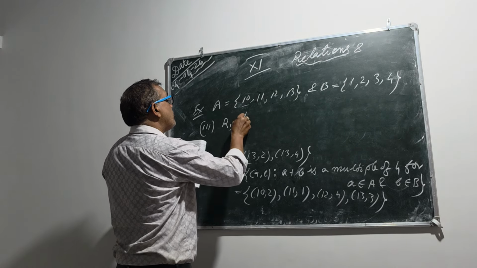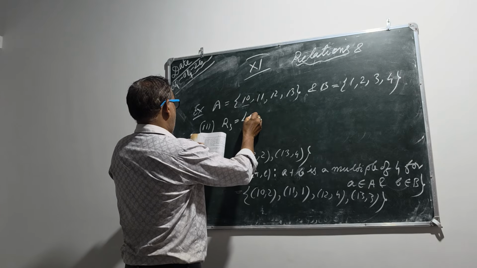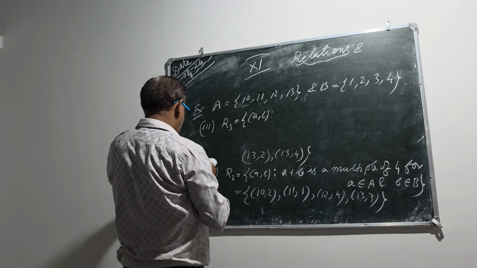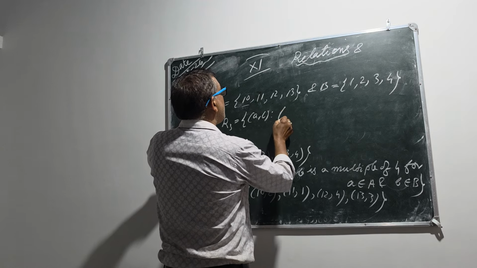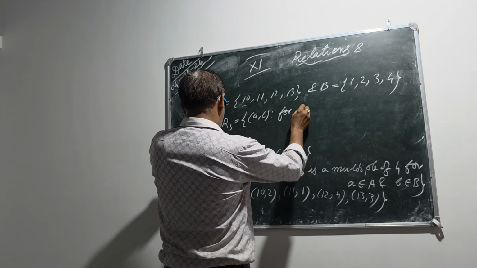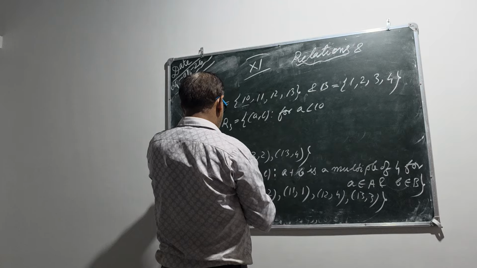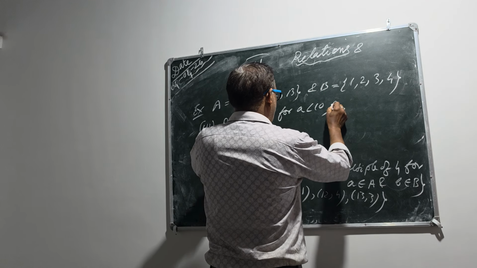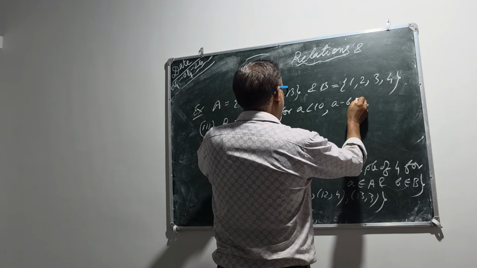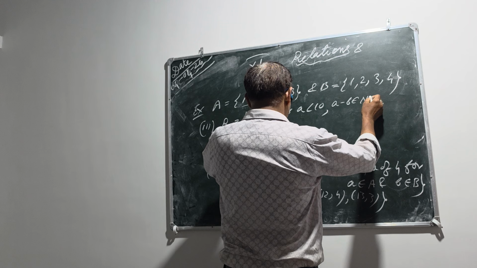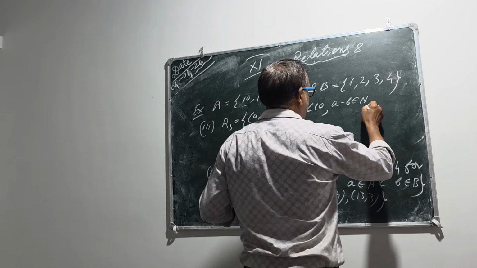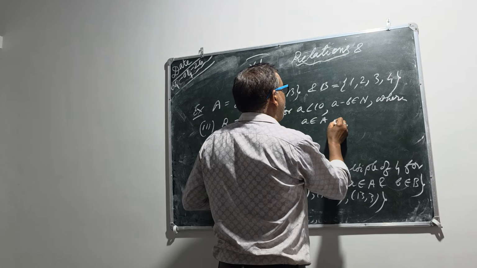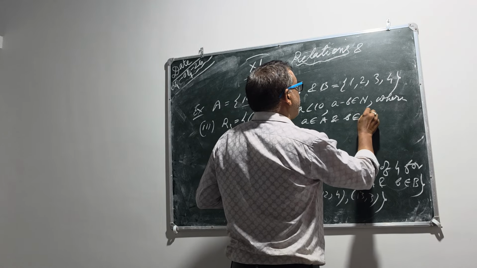R3 equal to {(a, b) such that for a less than 10, a minus b belongs to N}. It should be a natural number, where small a belongs to capital A and small b belongs to capital B.